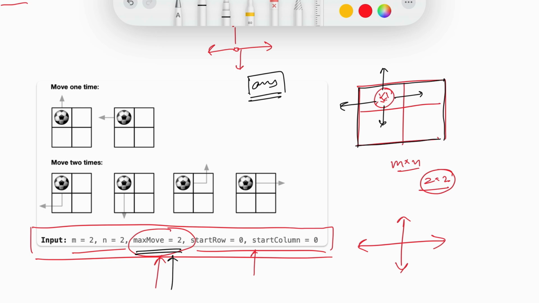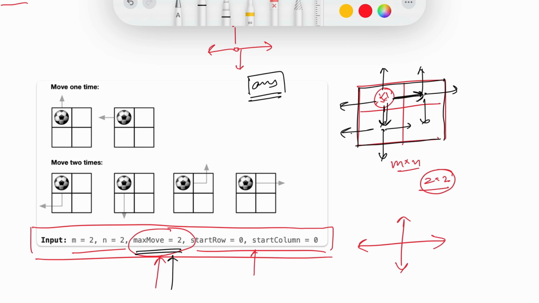Now we have already made one move down, and we can make one more move, either this side or this side. Here also we have already made one move, and another move can be up, right, and down. If we move left, it won't be out of boundary.